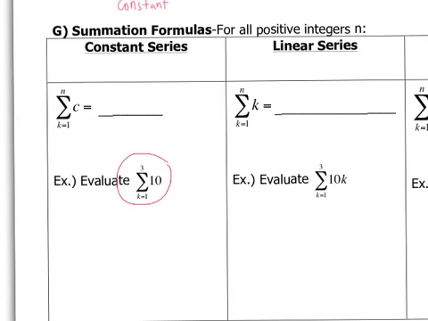Any ideas? Yes, multiply. Because if the first one's 10, the second one's 10, the third one's 10, 10 plus 10 plus 10 is 30. Multiply those, it's the same thing. So with a constant series, we are going to multiply n and whatever the constant is. So n and c. In our specific example, multiply the 3 by the 10, the sum of that series is 30.